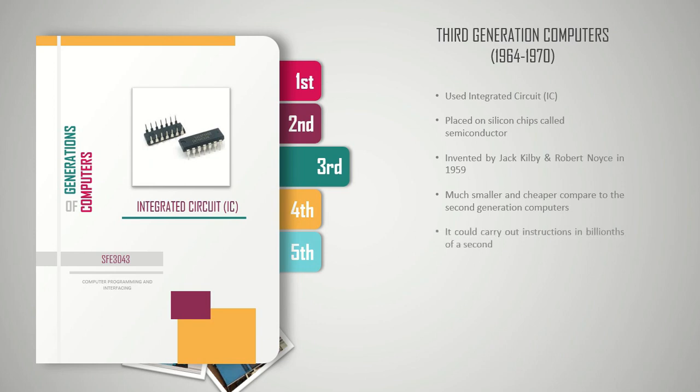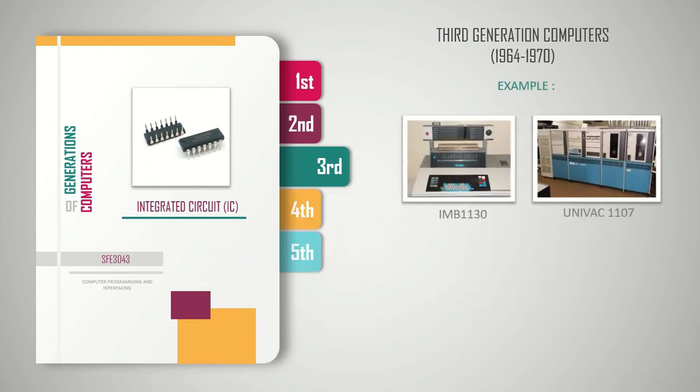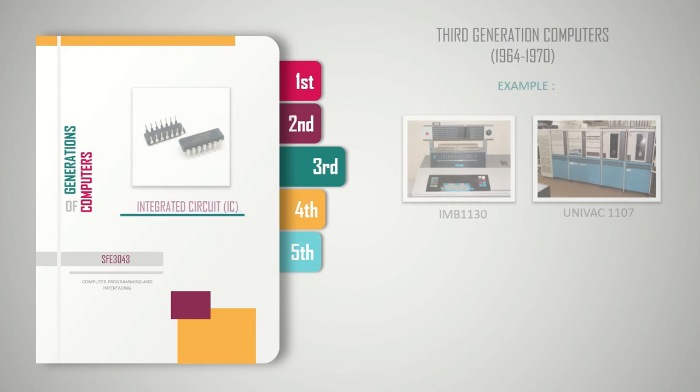It could carry out instructions in billionths of a second, accessed using a keyboard and monitor, interfaced with an operating system, accessible to a mass audience. These are two examples of third generation computers.